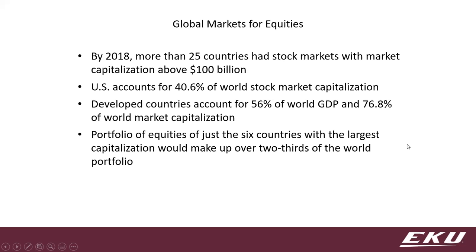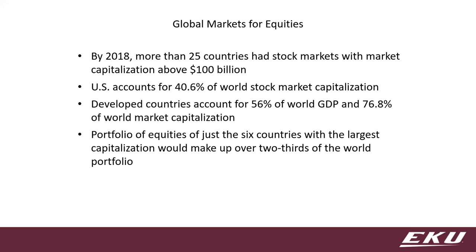Okay, here's the market for equities. Understand that as large as the United States is, about 40% of the world's stock capitalization is in the US. That means almost 60% is not. We make up 40.6% of market cap.